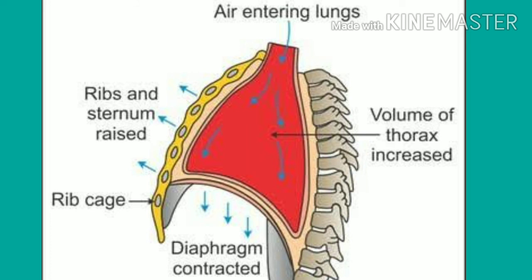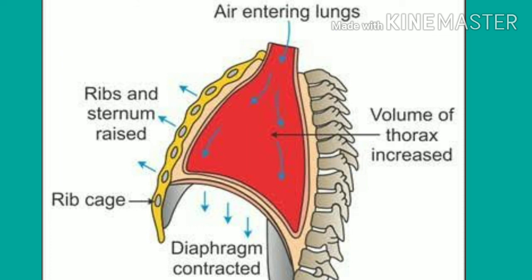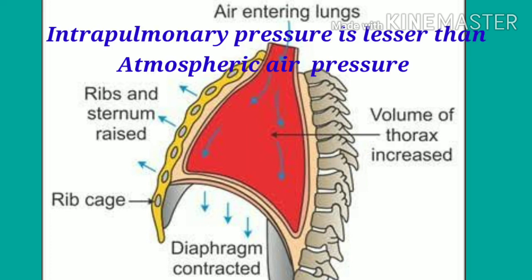Simultaneously, the pulmonary volume, means the volume inside the lungs, also increases. As the pulmonary volume increases, automatically the pressure inside the lungs decreases. Means the intrapulmonary pressure decreases. That means the intrapulmonary pressure is lesser than the atmospheric pressure.